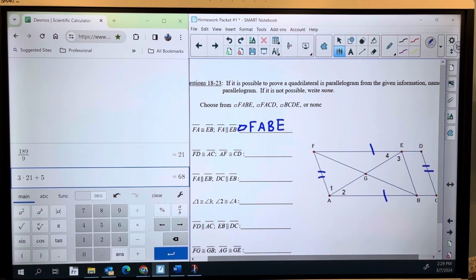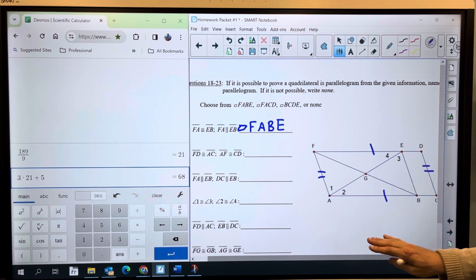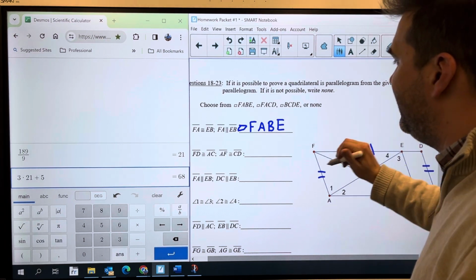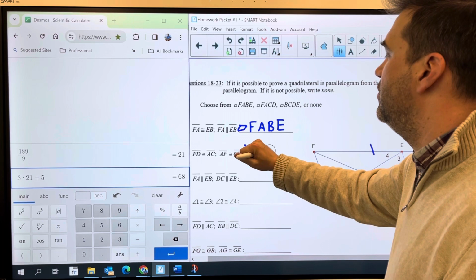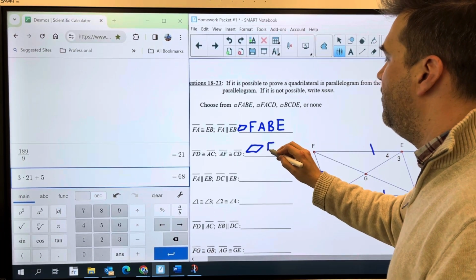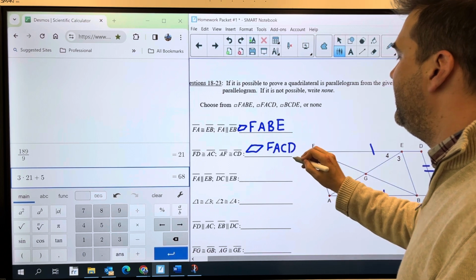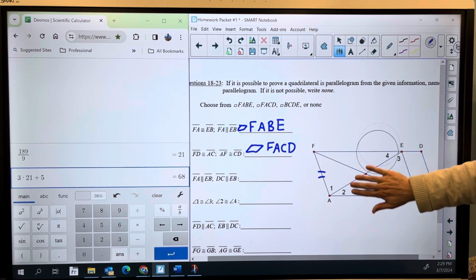We've got 2 sets of opposite sides are congruent. That is enough. And I want to talk about that big parallelogram here, FACD. So parallelogram FACD. All right, opposite sides congruent.